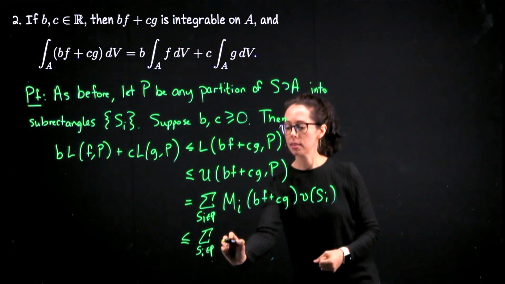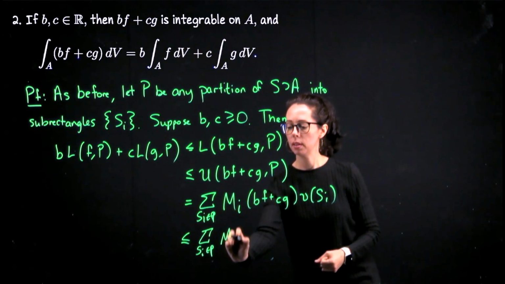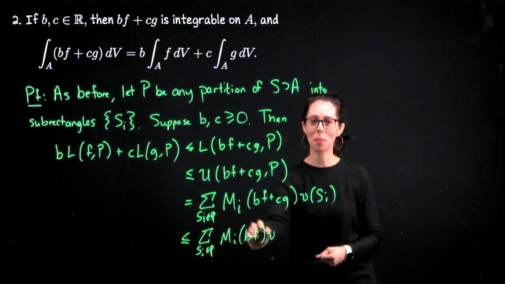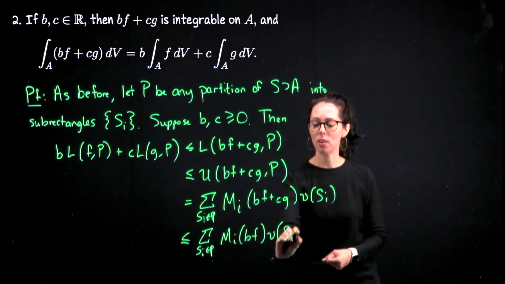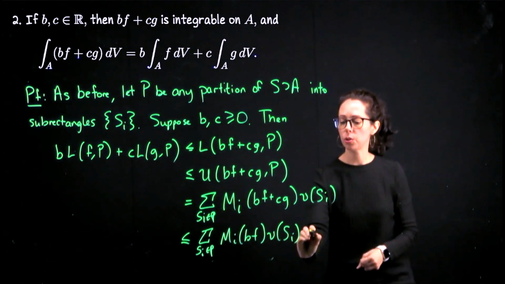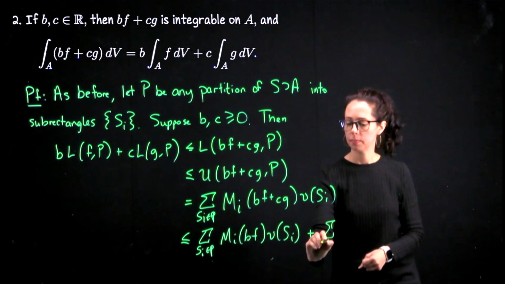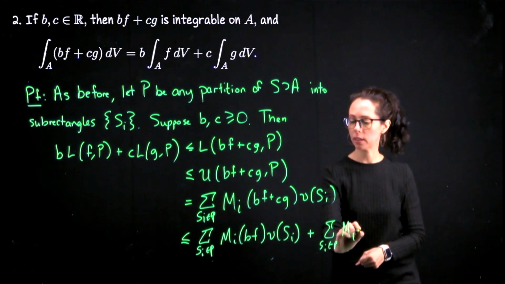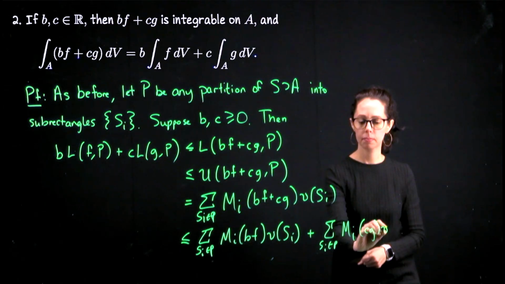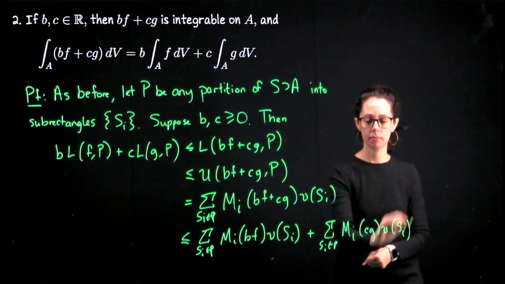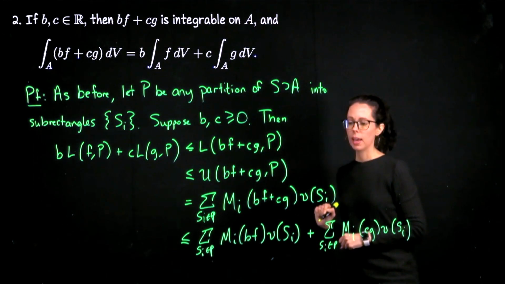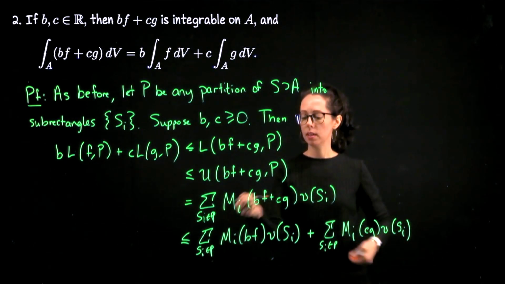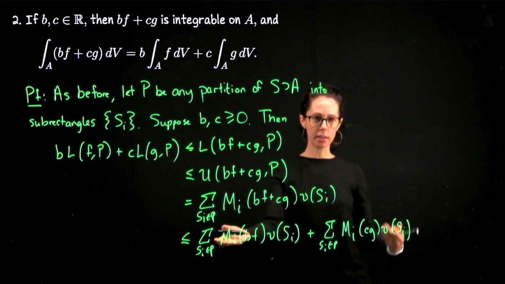So we go up in size to the supremum of the function B times F times this volume. Let me go ahead and split this into two sums because once again, I'm almost out of room, but I think you see where we are going. Plus the sum with CG. Now the B pulls out, so we can take this B and pull it in front because B is non-negative.